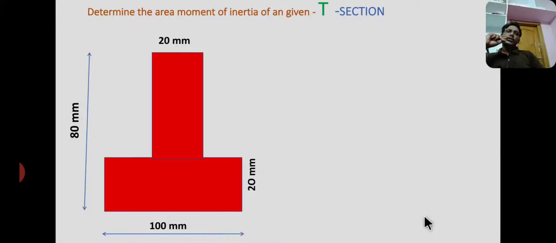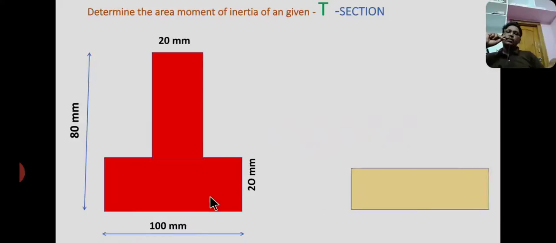Now coming to another problem, that is the inverted T section. It is a second model for a T section. This is the given diagram and these are the dimensions. Before solving the problem, you have to split the given T section into two parts, that is the bottom rectangle and the vertical rectangle.